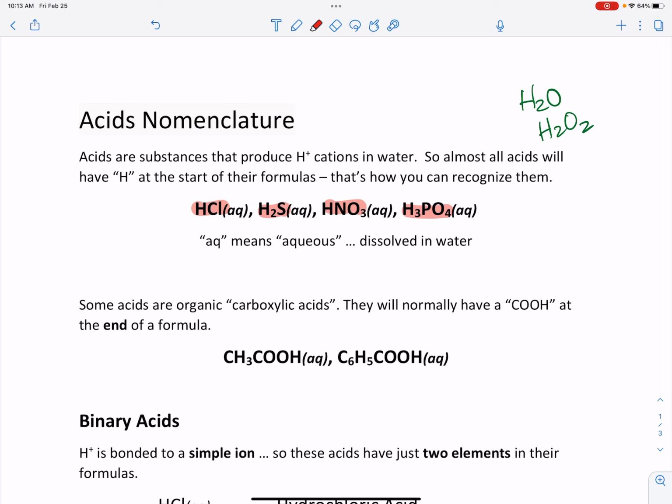For the more complicated formulas like HNO3 and H3PO4, you'll often see the aqueous just left off. For the simpler formulas like HCl and H2S, usually you do need to see aqueous beside it. If you saw gas, for example, HCl gas, the nomenclature would be a little bit different.